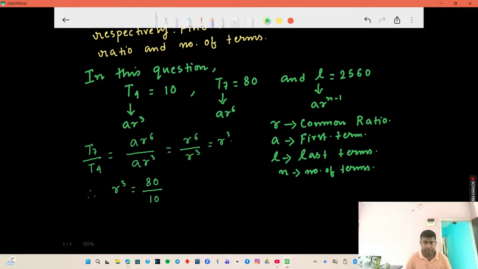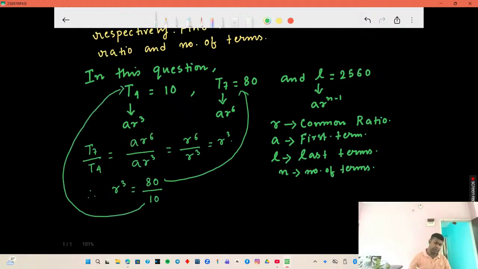Why is it equal to 80 by 10? Because here 80 is the seventh term of the GP and 10 is the fourth term of the GP. So after calculation we are getting R cubed is equal to 8, because if we cancel 10 into 80 we get 8.